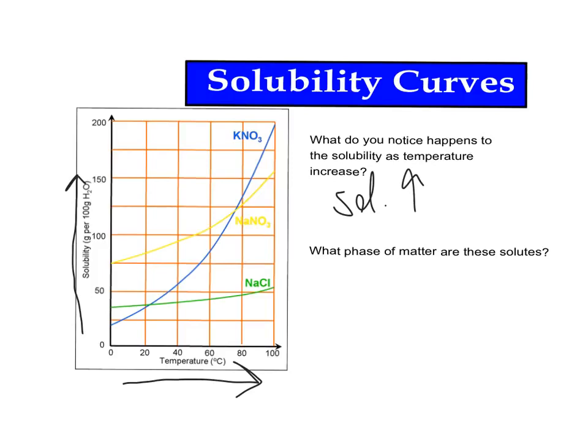Well, if I think back to my factors, the phase that increased solubility as temperature increased was a solid. So that tells me that potassium nitrate and sodium chloride, all of these compounds are in the solid phase, because as I increase temperature, I'm increasing my solubility. It has a positive curve.